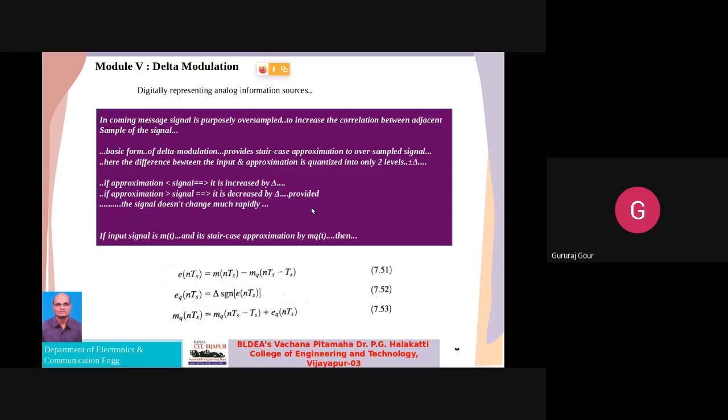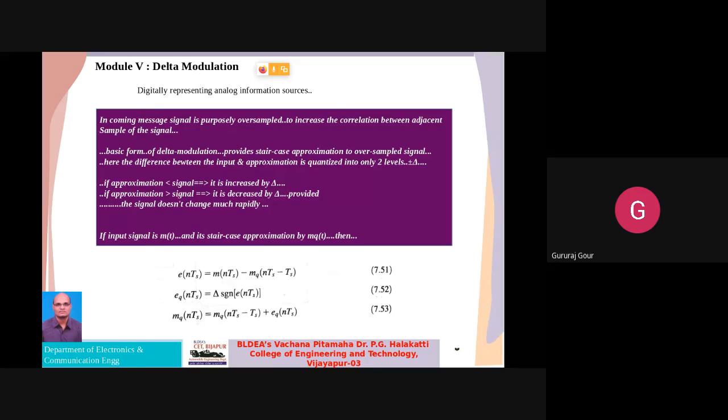Compared to PCM, delta modulation is mainly characterized by the sampling frequency being purposely kept very high, so as to provide more correlation between adjacent samples of the signal, maybe with or without aliasing. Purposely it will be made.